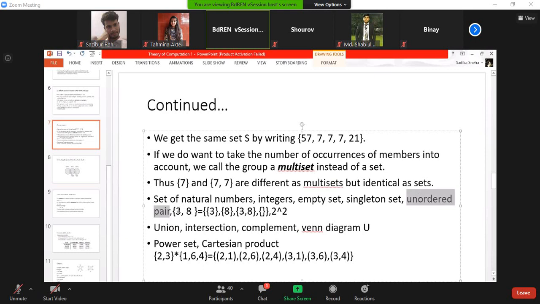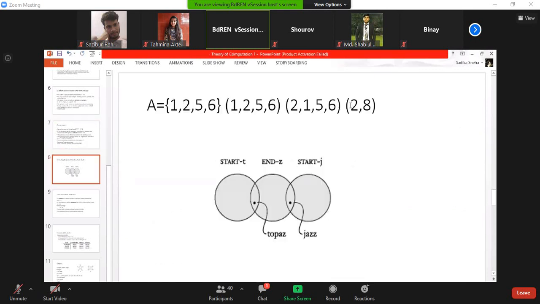One element is a singleton set, and when there are two elements in a set, that is an unordered pair. But when in a sequence there are two elements, then it is known as an ordered pair. Why? Because they are following some order. This is not the same as 8-2. It is always 2-8. That is an ordered pair.